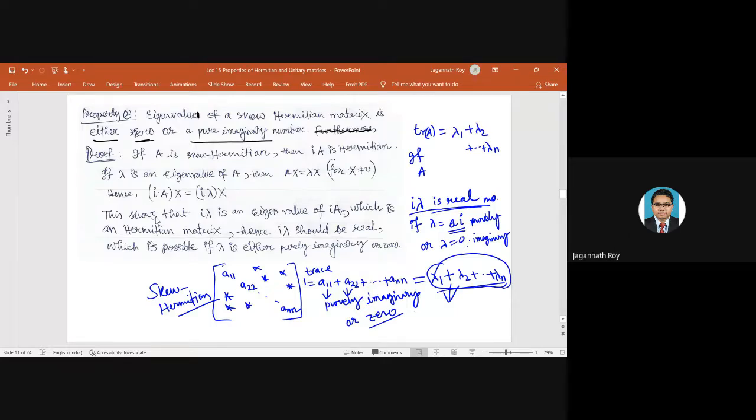Now this is a very simple proof, because we have studied already that if A is skew Hermitian, then i times A is Hermitian.